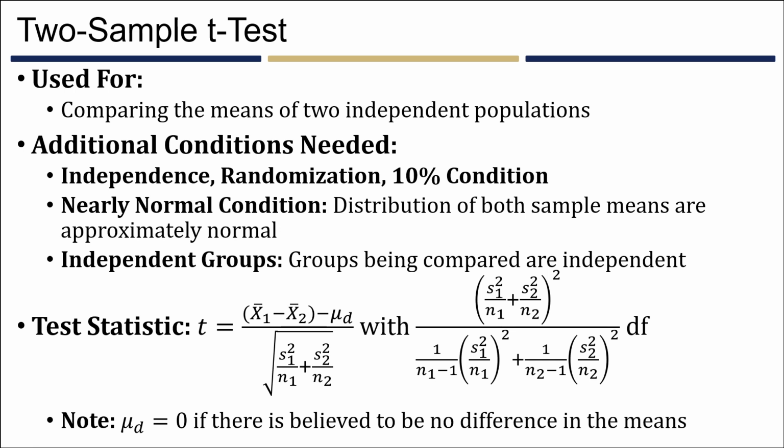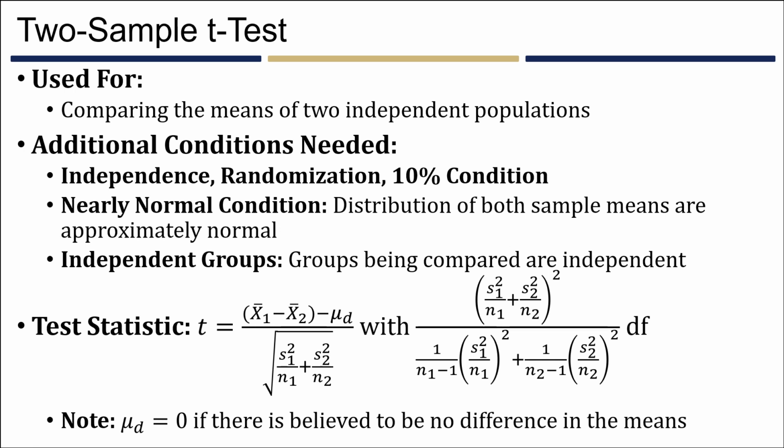Now the test statistic is going to follow a t-distribution, and it's calculated by taking the difference between our two sample means, x1 bar minus x2 bar, subtracting off the hypothesized difference, which is commonly set equal to 0, and then dividing by the standard error, the square root of the sample variance of the first sample divided by its sample size, plus the sample variance of the second sample divided by its sample size.